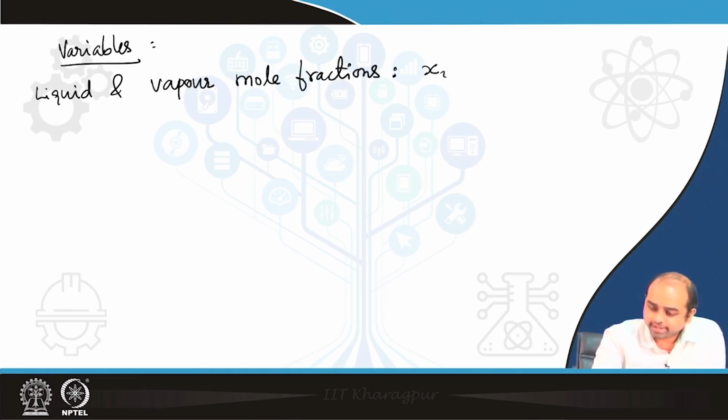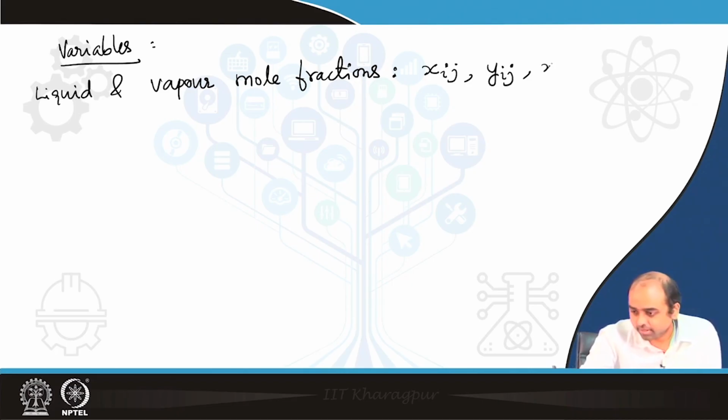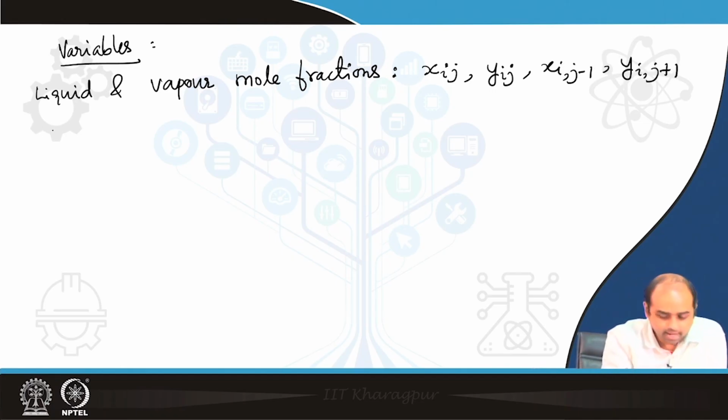So you are having Xij, then Yij, Xij minus 1, Yij plus 1, isn't it? Then we have the system parameters. So that is Tj plus 1, then you have Pj plus 1.